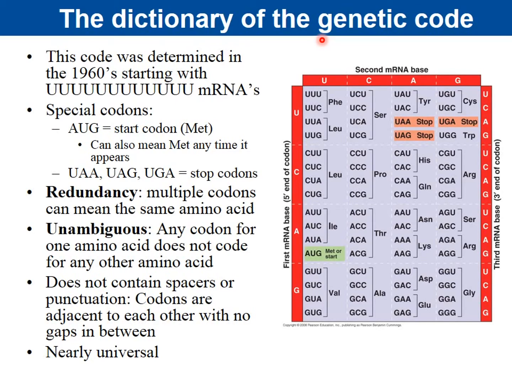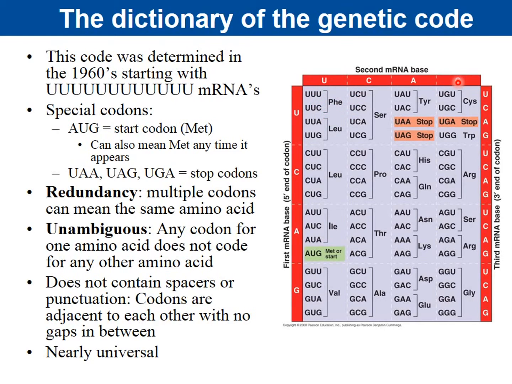The other thing about the genetic code is that it is unambiguous, meaning that any codon for one amino acid never codes for another amino acid. So it always will give you the same amino acid, like UUU will always give you phenylalanine.